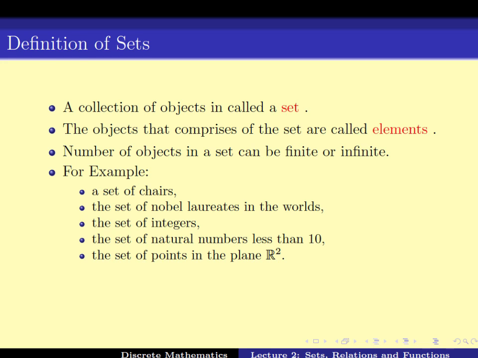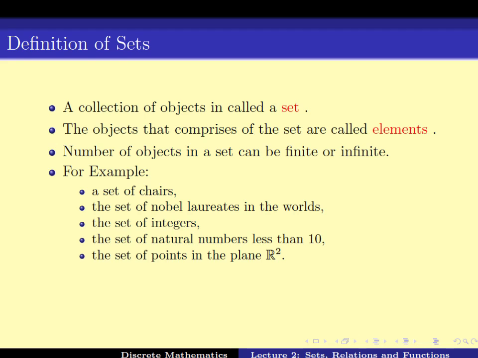For example, I can say a set of chairs, or the set of Nobel laureates in the world, or the set of integers, or the set of natural numbers less than 10. So this comprises 1, 2, 3, 4, 5, 6, 7, 8, 9, or the set of points in the plane R2.